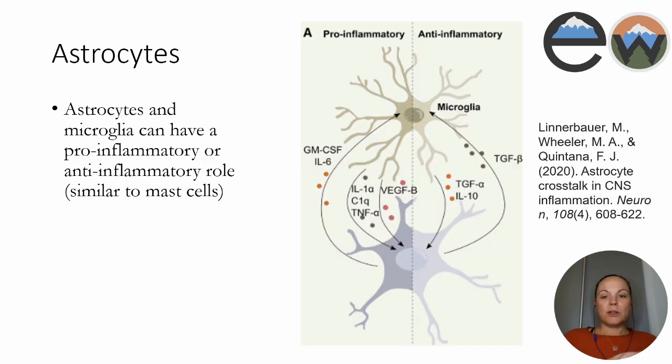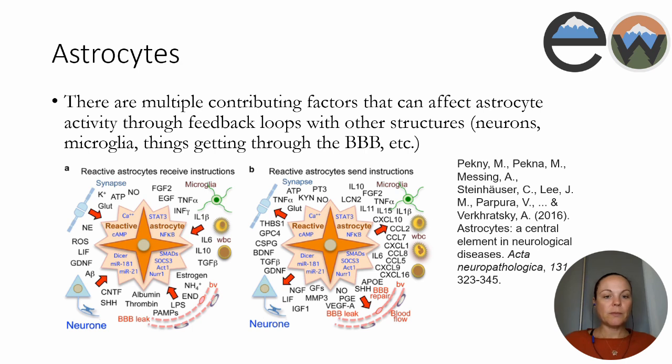Okay, so similar to mast cell activity, astrocytes and microglia as well, which I talked about before, we'll get into a little bit more on that dysfunction, can have a pro-inflammatory or an anti-inflammatory role, depending on their state of agitation and their communication, and if it's appropriate with whatever they're talking to in the body. Okay. There are a lot of contributing factors that are going to affect astrocyte activity through these feedback loops, okay, with different structures.